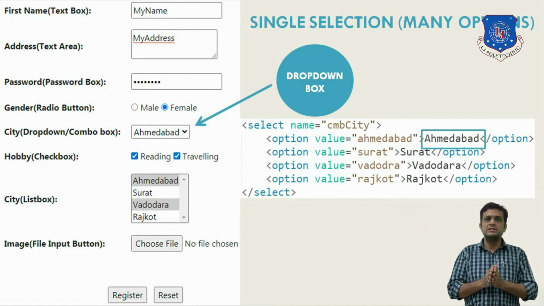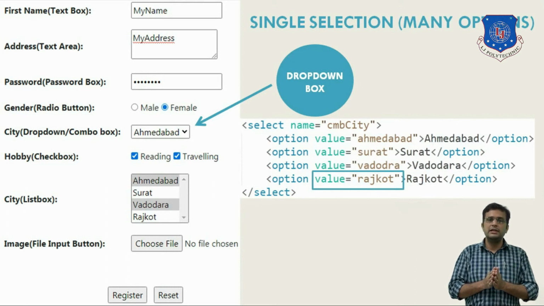The value property is also to be set for this form element inside the option tag. So after writing this code, you can see a drop down box in your web page. The user can select only one option from this drop down box.